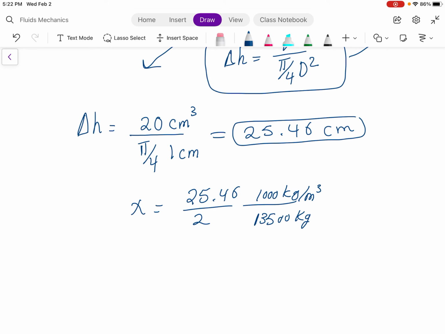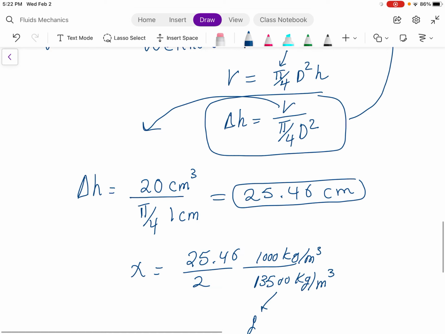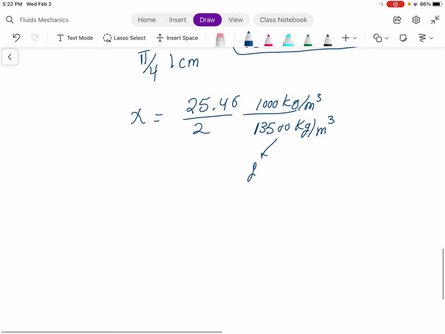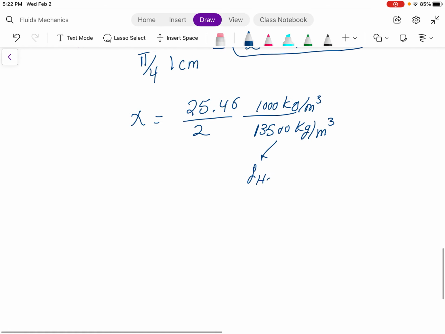And this is, in fact, the density of mercury. You should be given this. And this is the density of water. And this should equal to 0.49 centimeters.